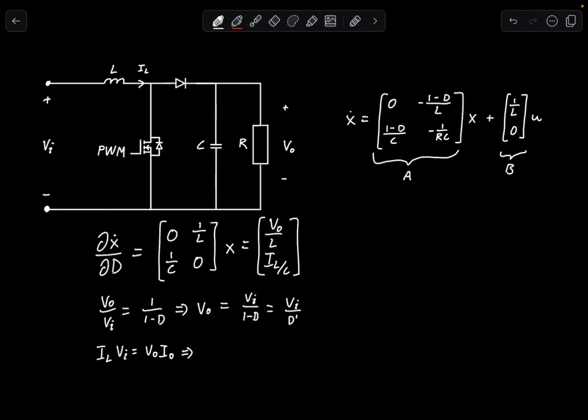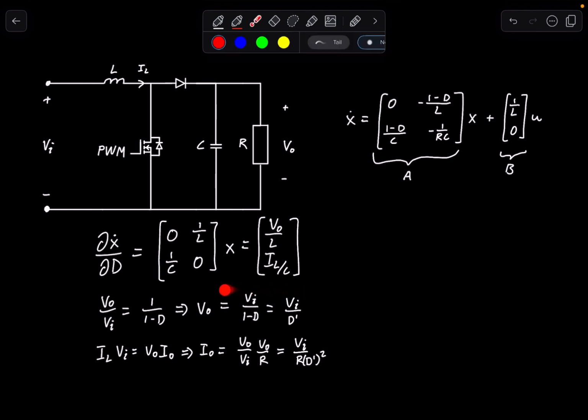So IL is therefore equal to VO over VI times IO, and we know that IO is equal to VO over R. So we can just put this equation into here, and we have VI over R, and then D prime squared.